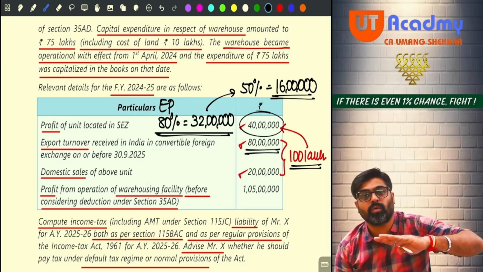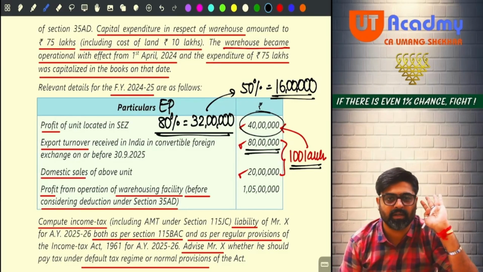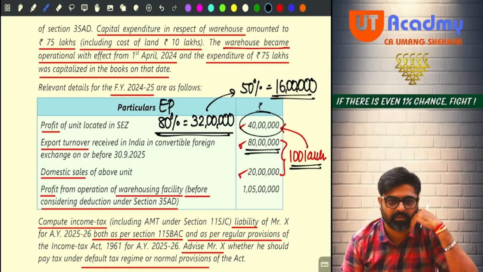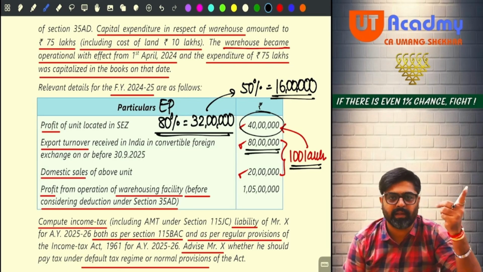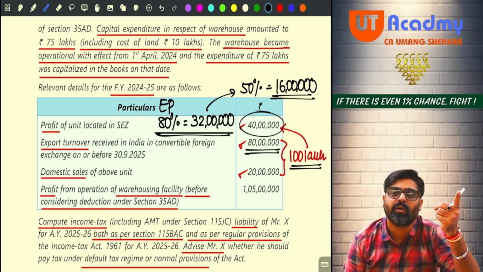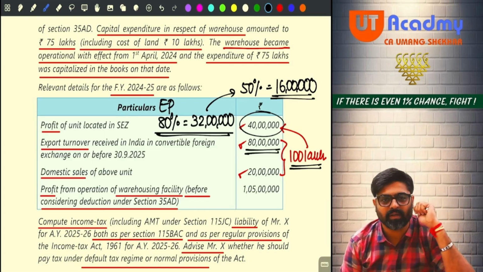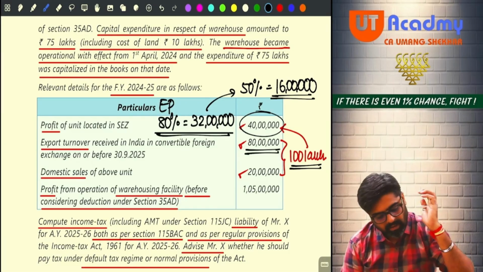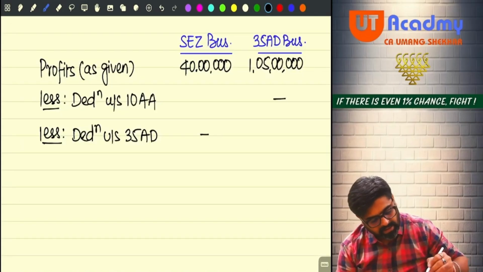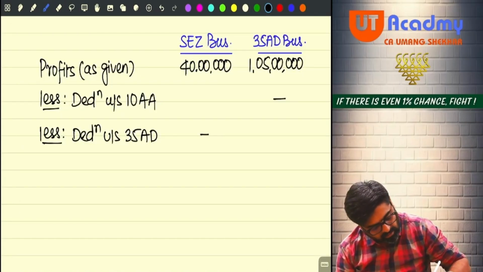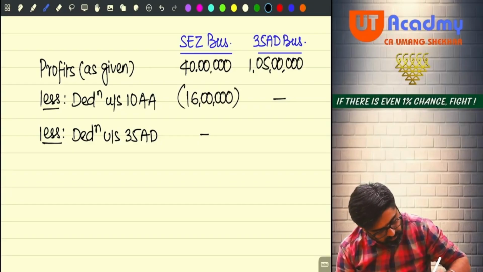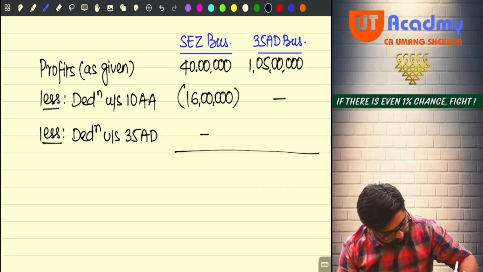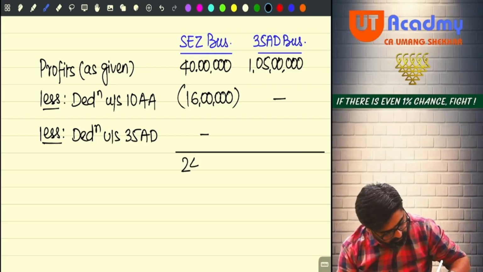Out of 32, only 16 is allowed as a deduction, so 16 will also be taxable. So 16 plus 8, 24 will be taxable. And 16 will be allowed as a deduction. Getting my point? So what I will be doing, I will be directly taking 10 AA deduction amounting to 16 lakhs. So therefore my eligible profit will be 24. How did this 24 come, sir?